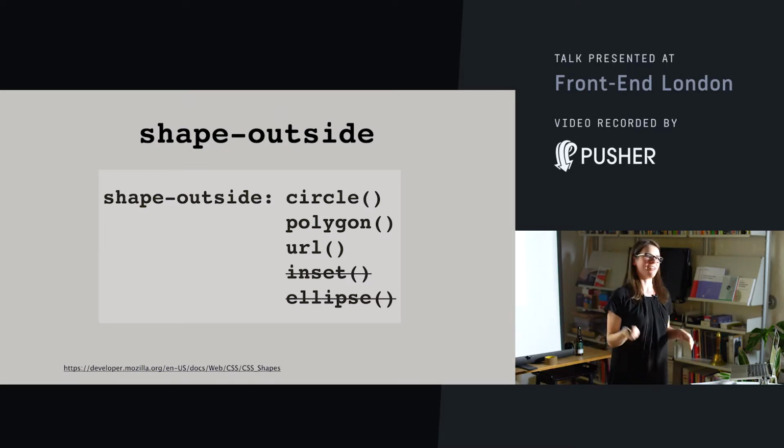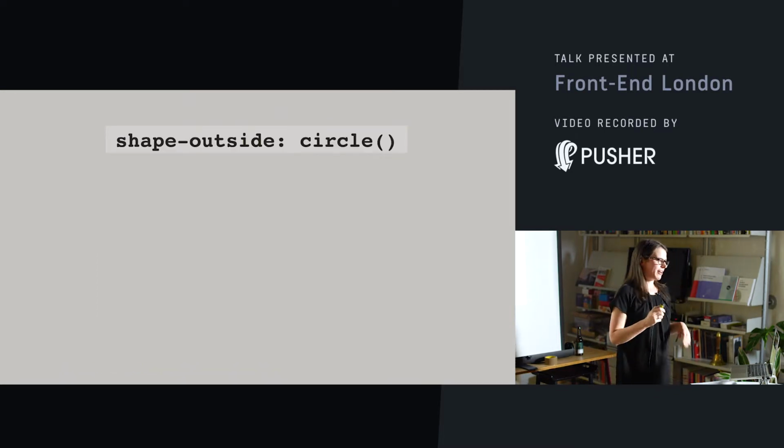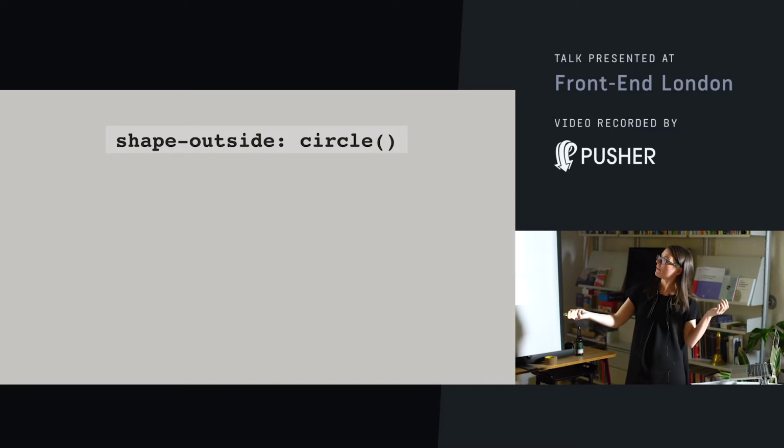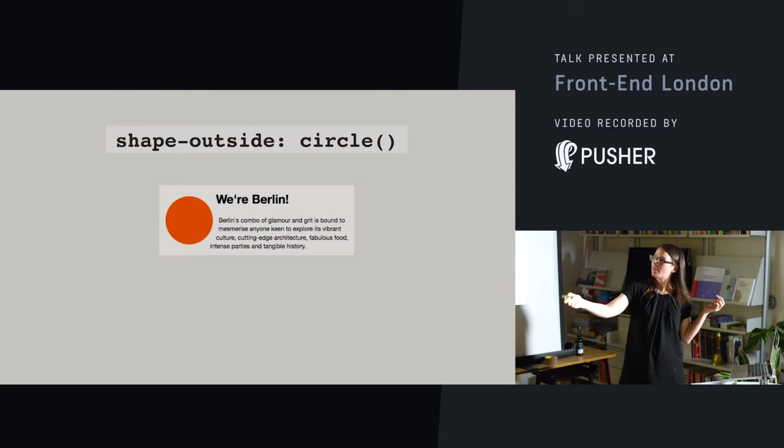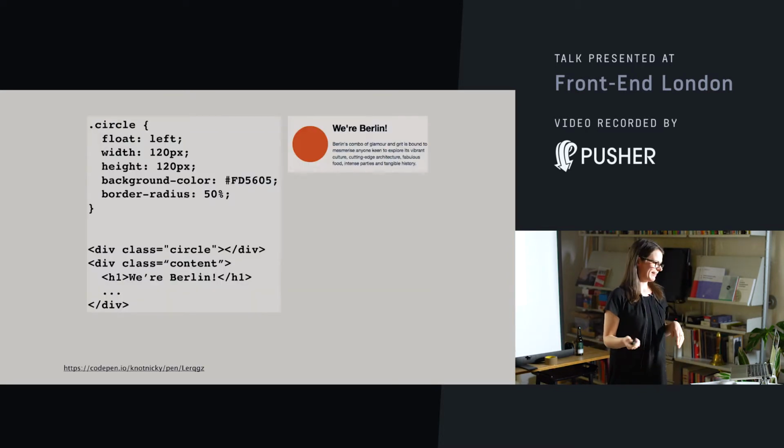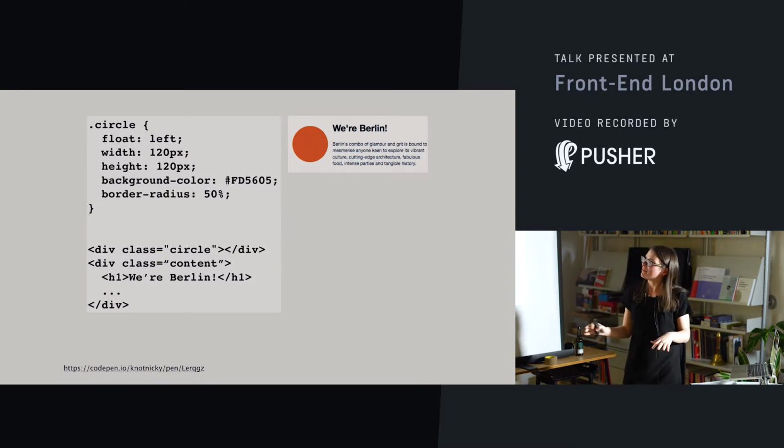So let's start with circle. I've got to warn you, a lot of these are real Ronseal CSS properties. They pretty much do what they say on the tin. So hopefully it is unsurprising to you that shape-outside: circle aligns text around a circle. Easy. So this is a really simple example.